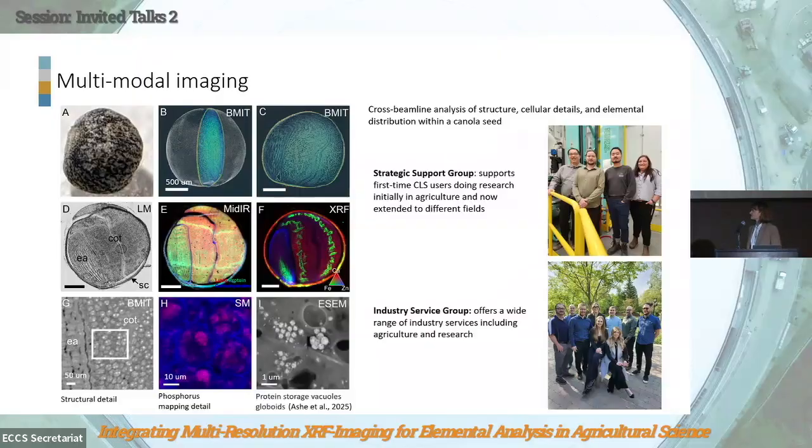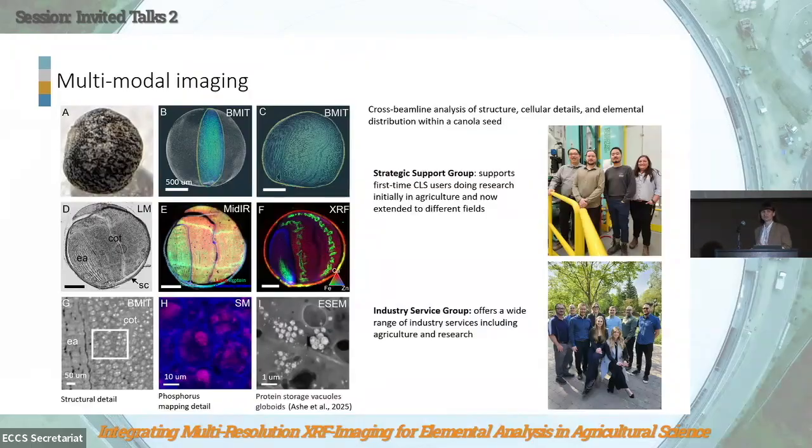As you can see, the tomography beamline provided structure information at coarser resolution, and XRF imaging at the bioXAS imaging beamline provided elemental distribution that complements very strongly with the mid-infrared spectroscopy beamline data, where you obtain information about the macromolecule distribution, such as protein, carbohydrates, and lipids.